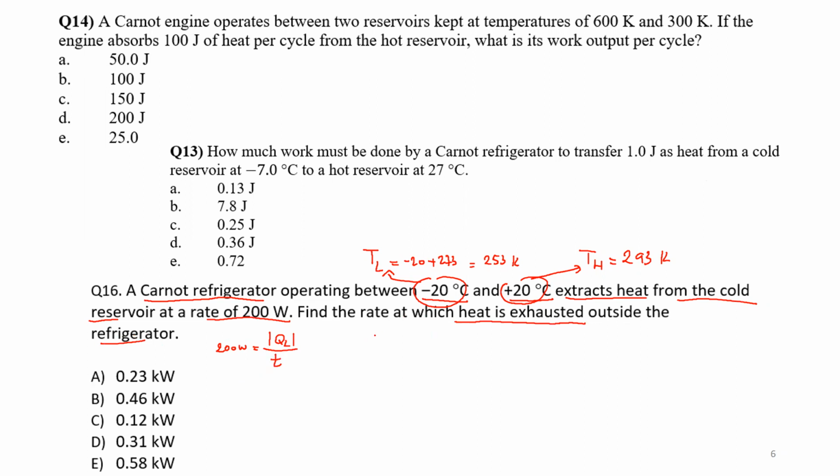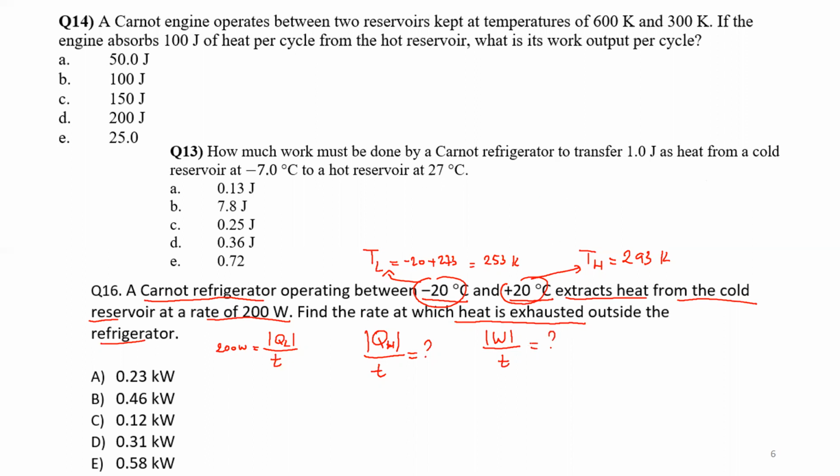So basically now what I'm asking you is to find QH divided by the same T. What is QH? The amount of heat exhausted, basically released outside the refrigerator per unit time. Now, of course, in between, what is the work done on the refrigerator per unit time?